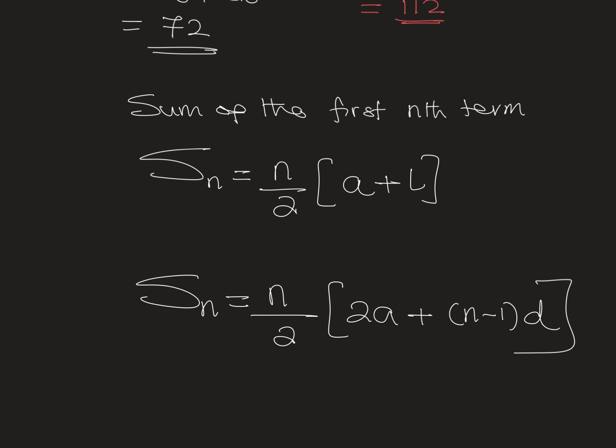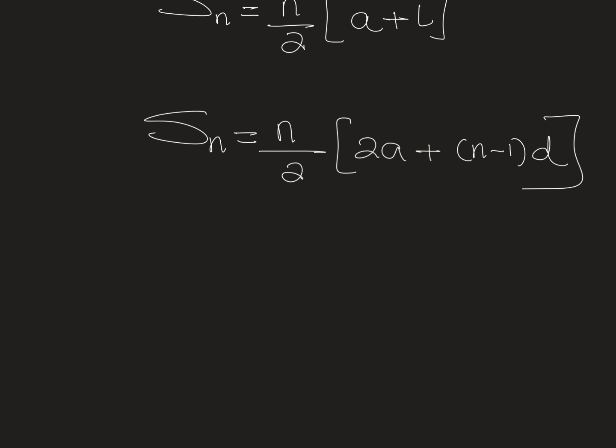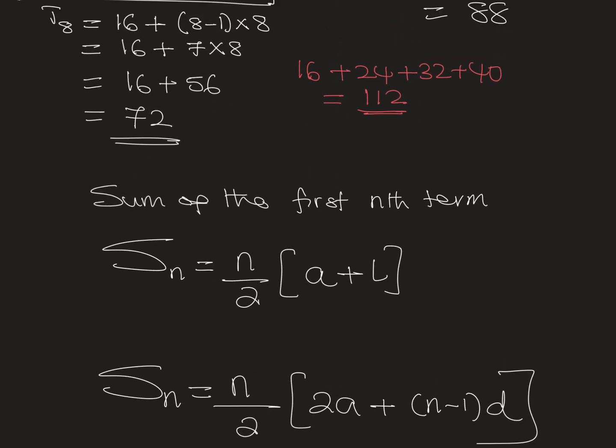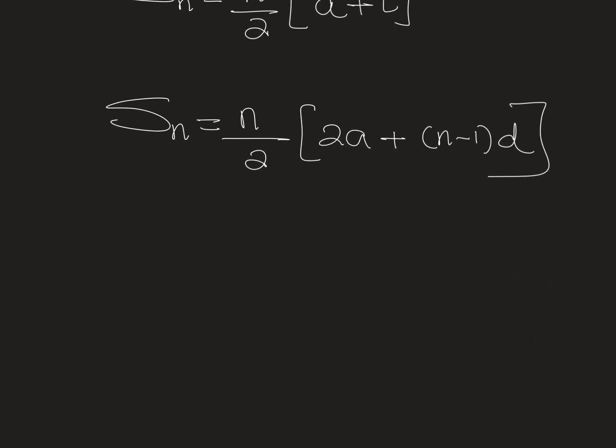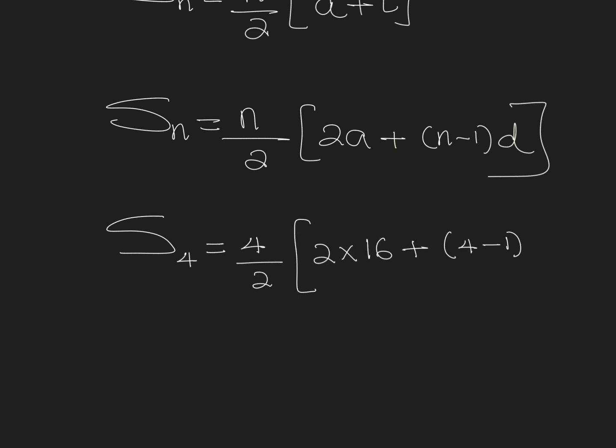Now, we want to prove that the sum of the first 4 terms, that is, if we add the first 4 terms, we're going to have 112. So let's use the formula. S sub n, where n will be equal to 4, is equal to n is still 4 all over 2 into 2 times a is 16 plus n is 4 minus 1 times the common difference is 8.